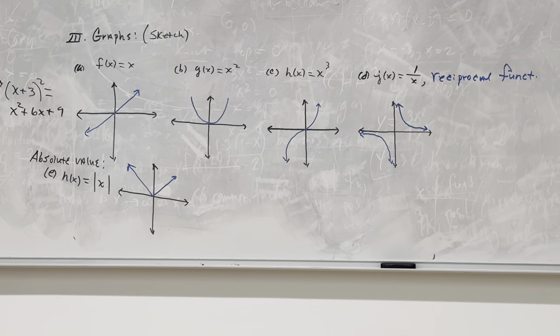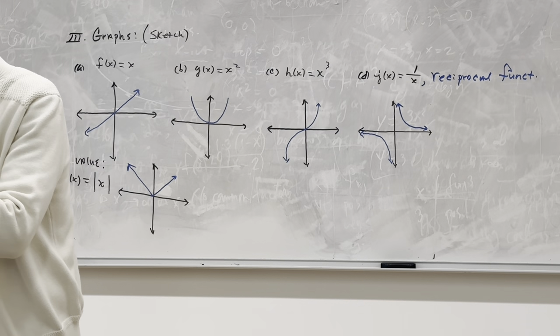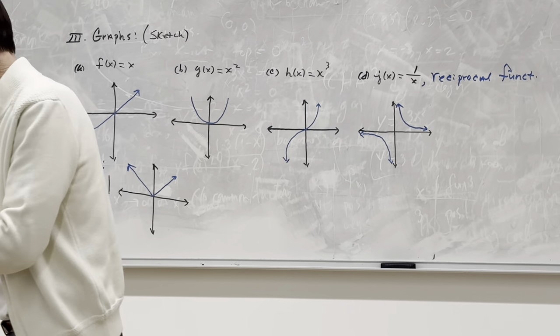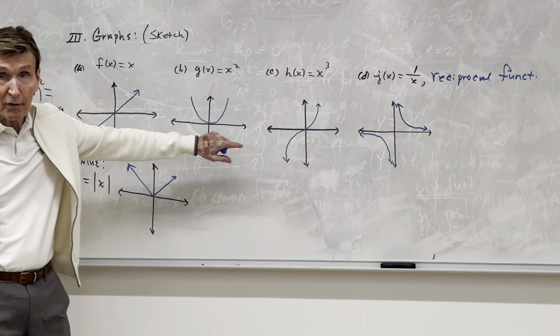I'm thinking about holding off on this one. In fact, I don't think it's even on the handout, when you finally get a handout. These are some basic graphs. And I said, Professor, where are you going with this? If I know what these basic graphs look like, then shortly, not tonight probably, we may have to sketch this, which means it might have something to do with this graph.